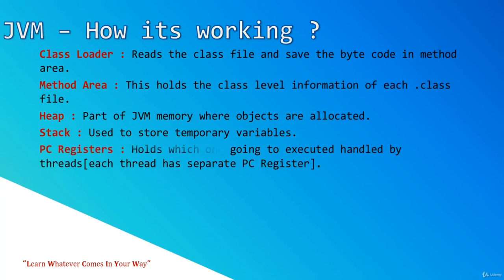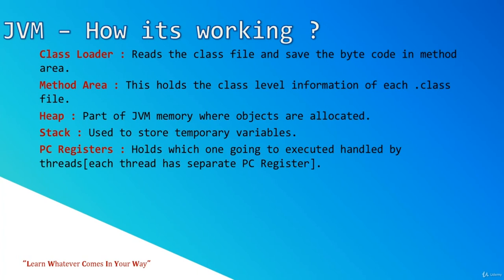And then PC registers. I don't have to explain that. We all know what the use of registers is, correct? The register will hold the brief steps about the execution part. What needs to be done, what is going to be executed next, and after the execution what needs to be done. Each and everything is registered in this particular area, which will hold the execution flow of a class.